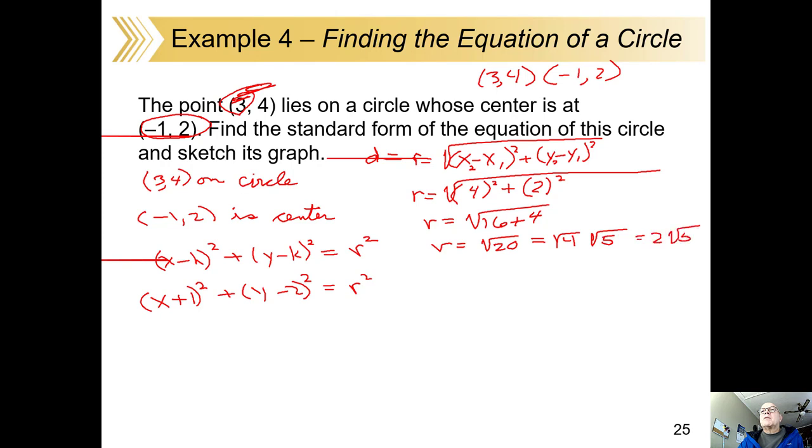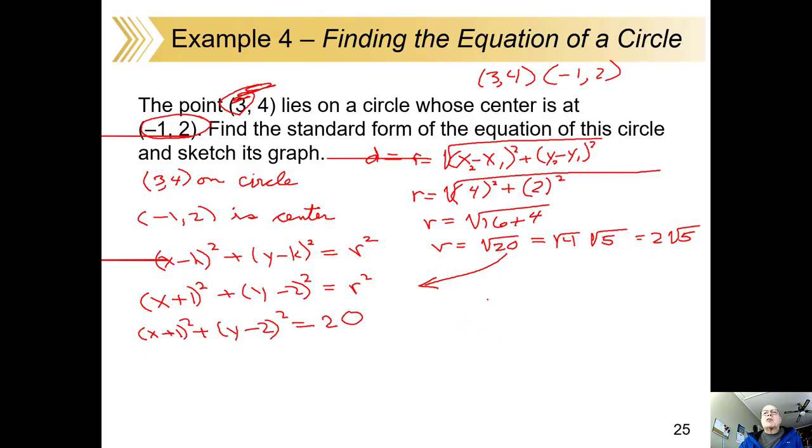This might be going a little bit far in this case. Square root of 20 is what we need. So if I bring this back here, what I've got is x plus 1 squared plus y minus 2 squared equals, and the r squared is 20. And there's my equation. That's in standard form.